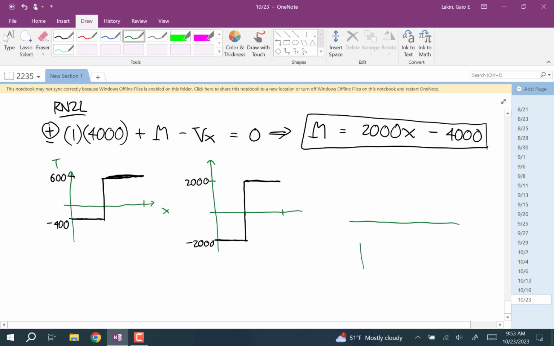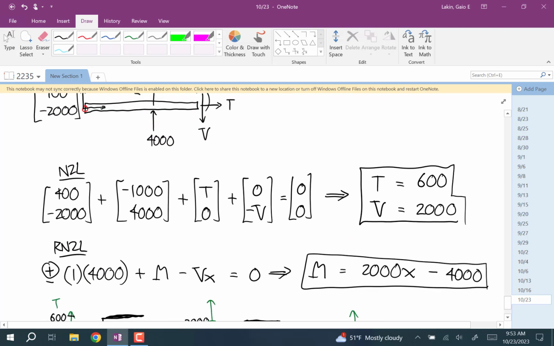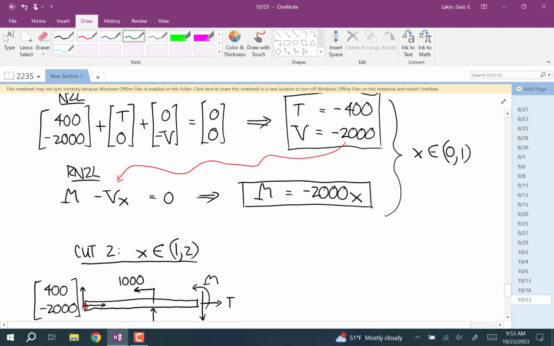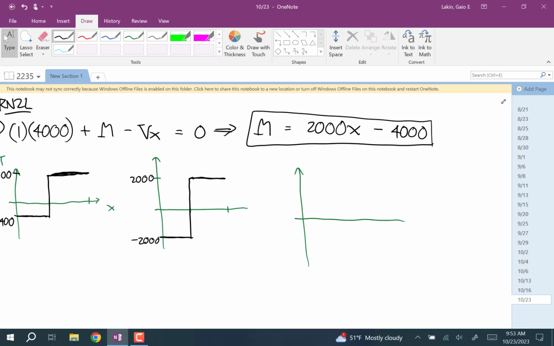And for the bending moment, it comes down to negative 2,000 and looks like that.